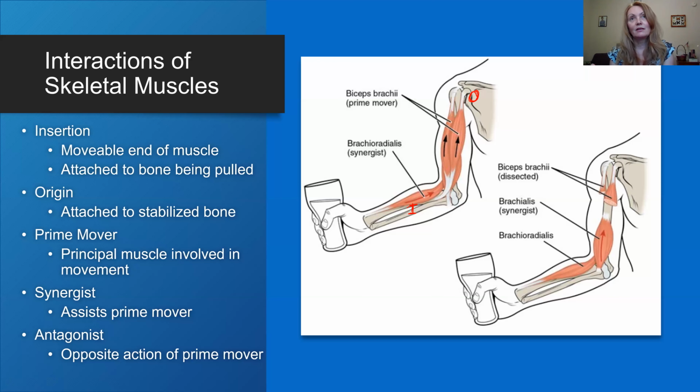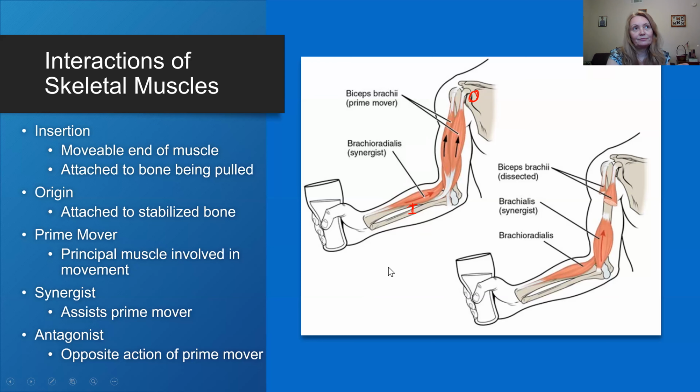So one muscle flexes and the antagonist will extend, right? Does that make sense? I hope it does. Anyway, muscles have origins and insertions. They pull insertion towards origin, and that produces movement in your joints.